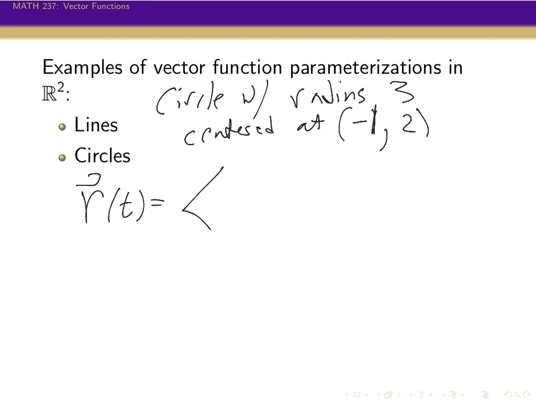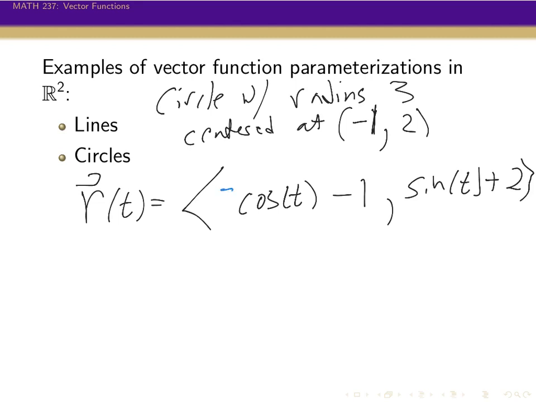If I had r of t be (cosine of t minus 1, sine of t plus 2), this would be a circle with radius 1. I want the sine and cosine to be going, rather than just 1 out, 3 out. So I'm going to tuck that 3 in, turn cosine into 3 cosine, and turn sine into 3 sine. My claim again is that this is going to give me the equation for a circle with radius 3 centered at (-1, 2).